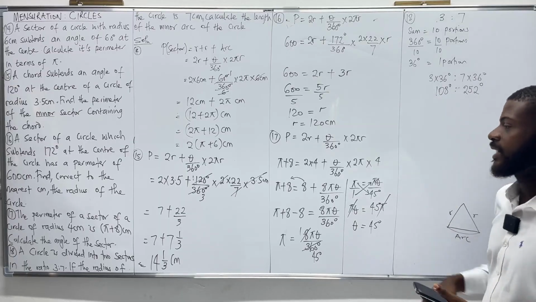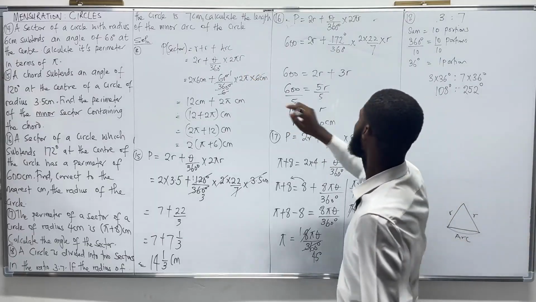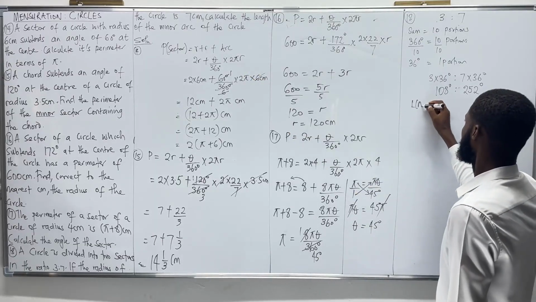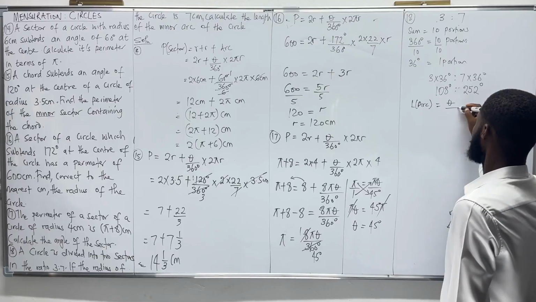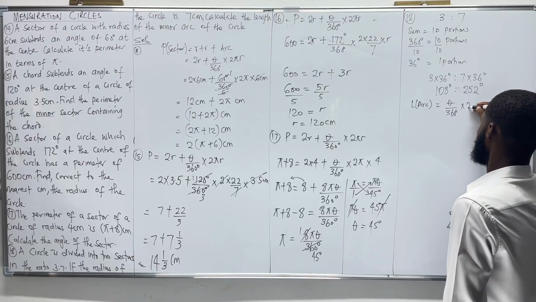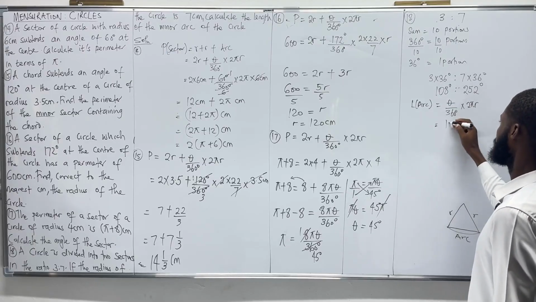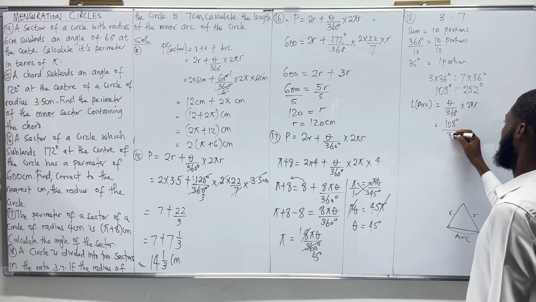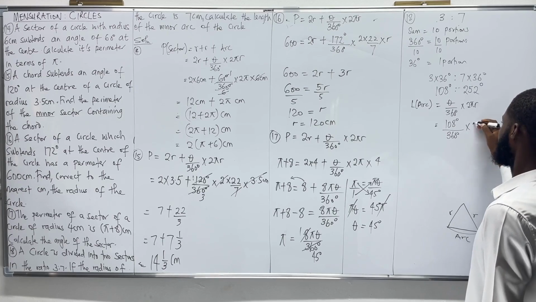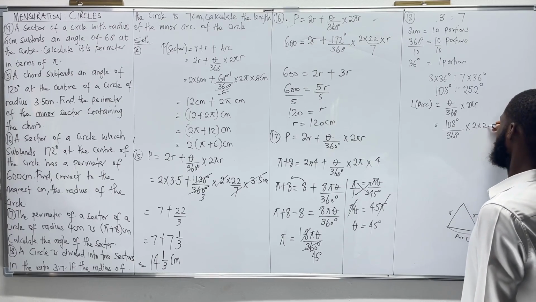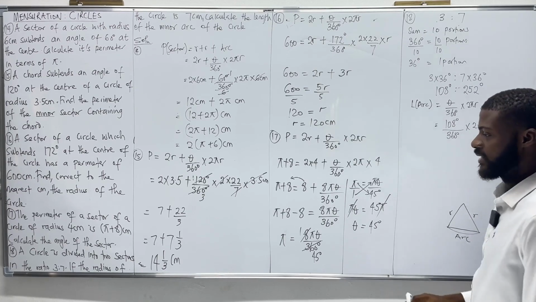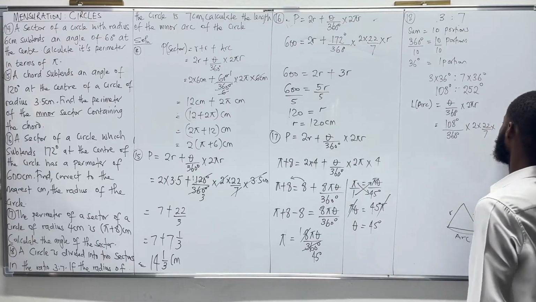What would I do next? I would then say the length of an arc is theta over 360 degrees times 2 pi radius. That's the length of an arc. So what is the angle? The angle is 108, then divided by 360 degrees, times 2 times 22 over 7, then times the radius, which is 7.